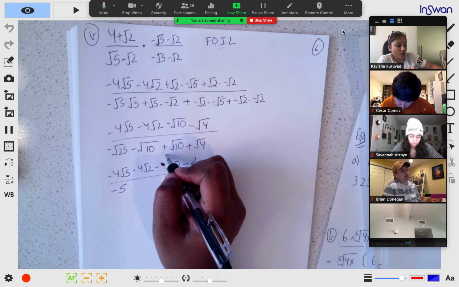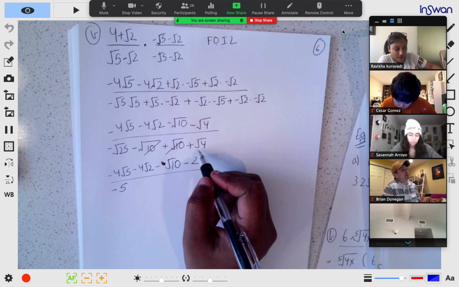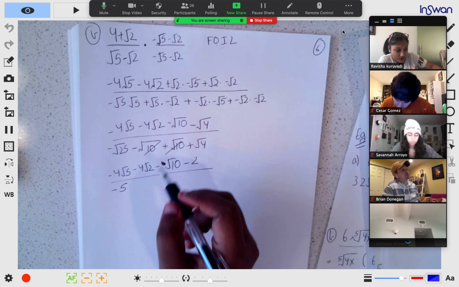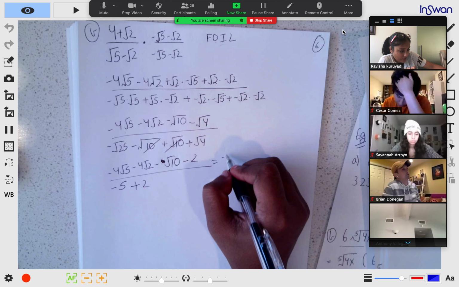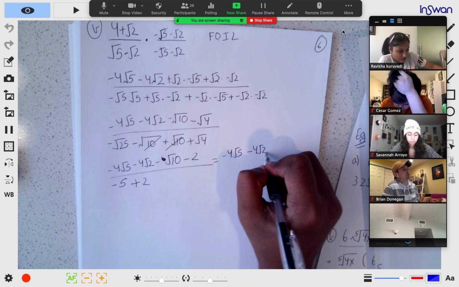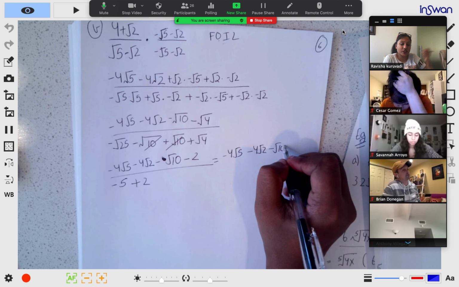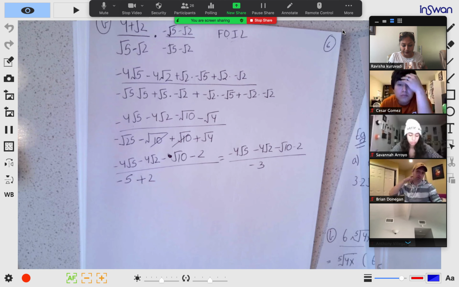Yes. What's the square root of 4 plus square root of 4? 2 plus 2. What is negative 5 plus 2? Negative 3. You cannot simplify further. That's your answer. Good, Daniela.